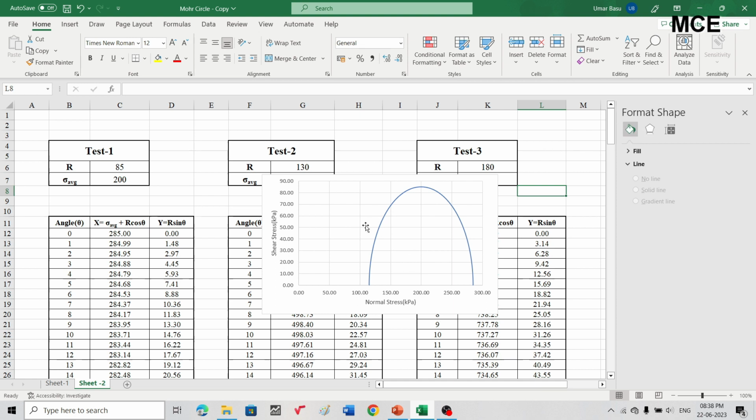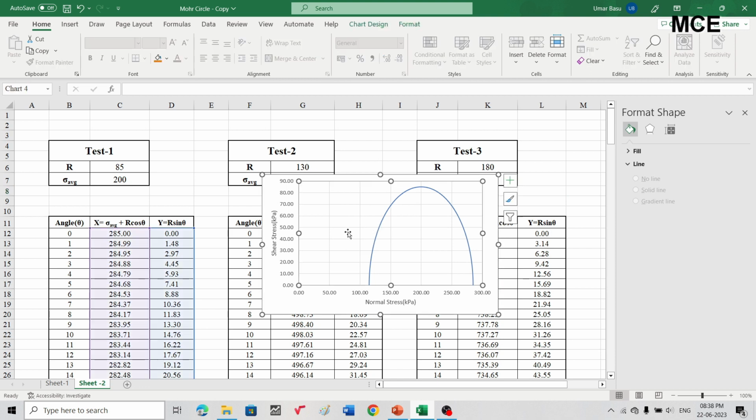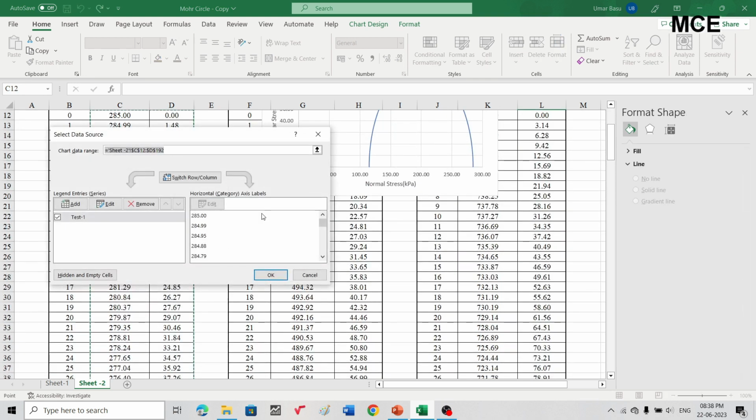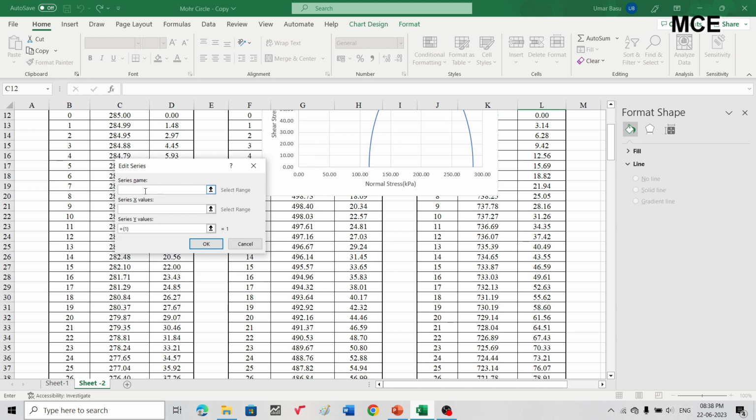Now we can add, that is draw the Mohr circle for the other two tests. Again, you will click on the chart and then click on select data, and then press the add button and for the series name, write test 2.